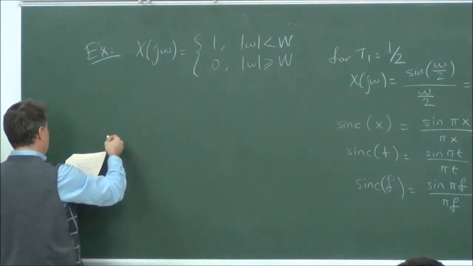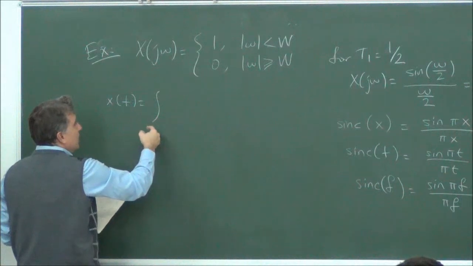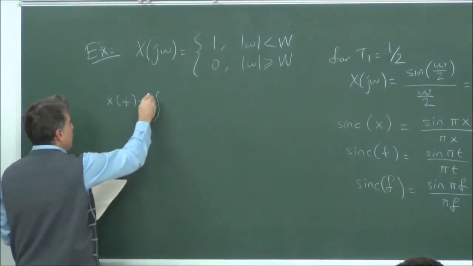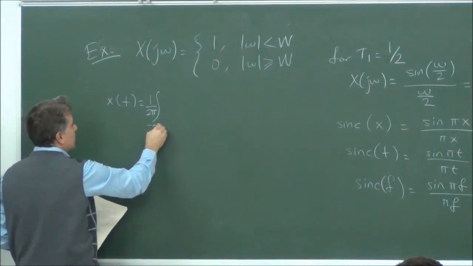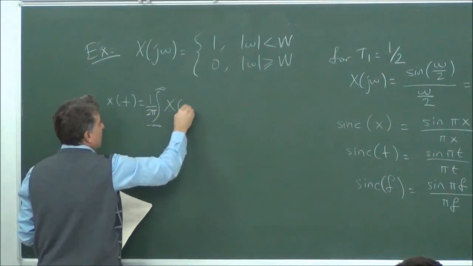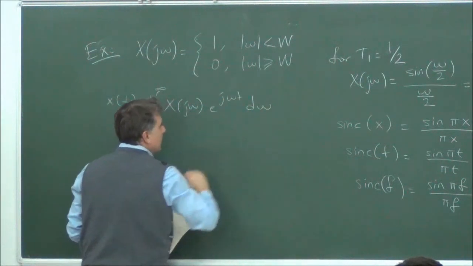So what is x of t then? X of t was equal to, there was a 1 over 2 pi, a scale, and the integration was from minus infinity to infinity, x of j omega e to the j omega t d omega.